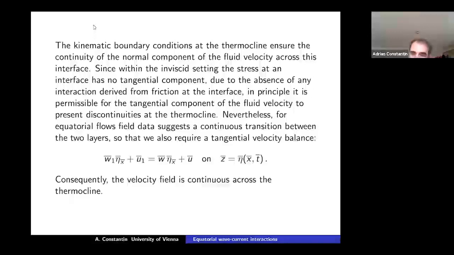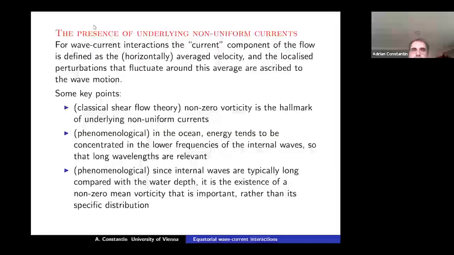In this context, we have an extra condition, the one that I write here, which basically tells you that the tangential velocity is also continuous. So across this thermocline, there is a continuous transition of the velocity. As we will see, it's not C1, but it is continuous. So the tangential and the normal components coincide.